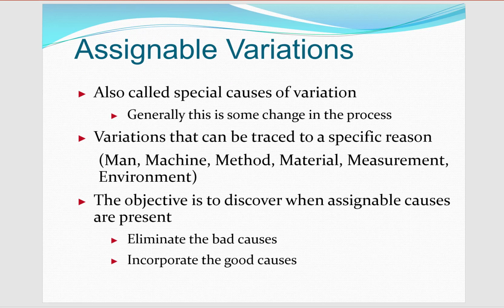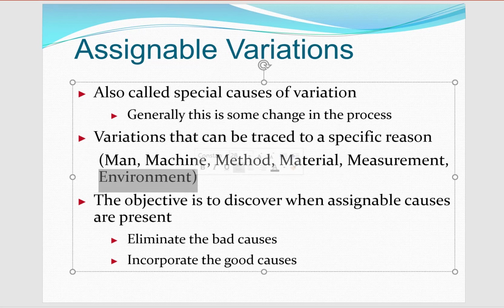Assignable variations are also called special causes of variation, and generally when they are present we need to make some modification, some adjustment to the process so that we can bring it back into statistical control. Variations that can be traced to a specific reason are generally assignable causes of variation, and those specific reasons are man, or the human element, the person, machine, method, materials, measurements, and I also like to include environment.